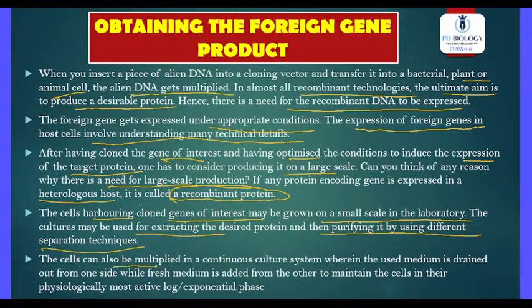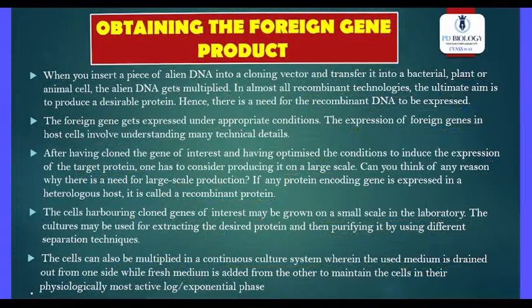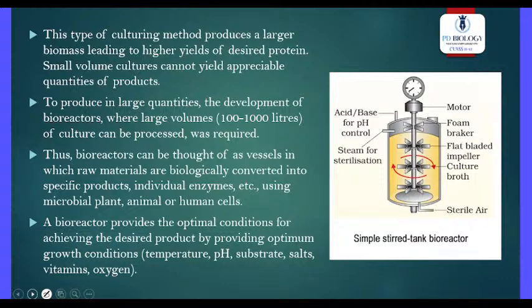These cells can also be multiplied in a continuous culture system, wherein the used medium is drained out from one side while fresh medium is added from the other, to maintain the cells in their physiologically most active log or exponential phase of growth.